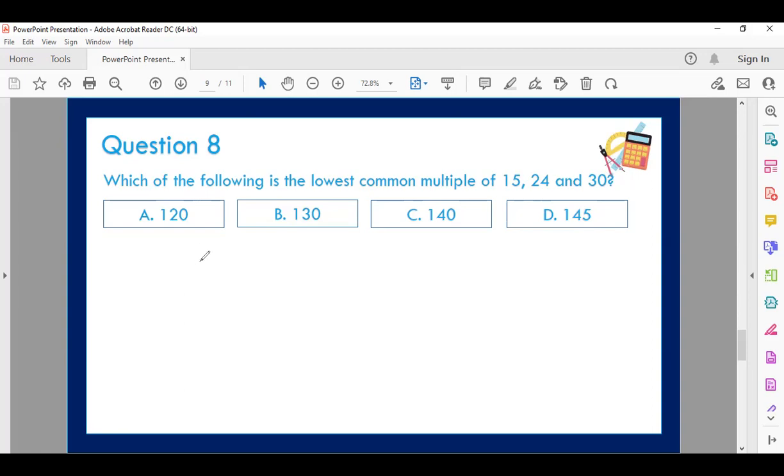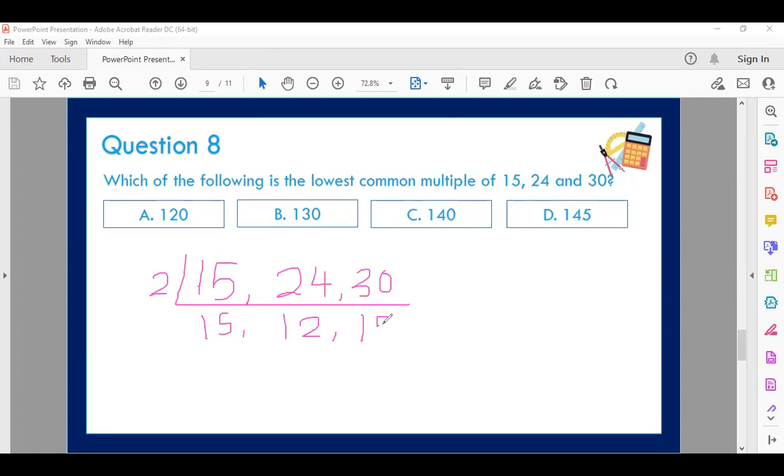We'll start by writing out 15, 24, 30. I'm sure you have done this, maybe you've just forgotten it. Then let's start by dividing with a common factor. Say we'll use 2. Now 15 we cannot reduce, but 24 becomes 12 and 30 becomes 15. Now we divide one more step, this time using 3.